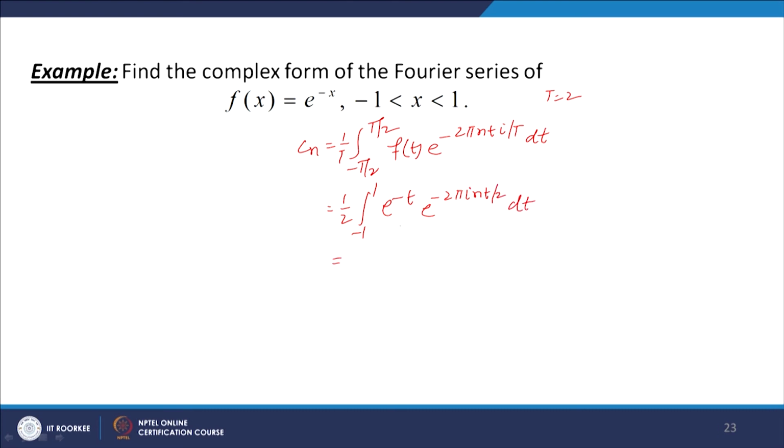Okay. So, we get here this 1 over 2, then we integrate this by parts, and when you integrate and evaluate this, you will get the value of C n.